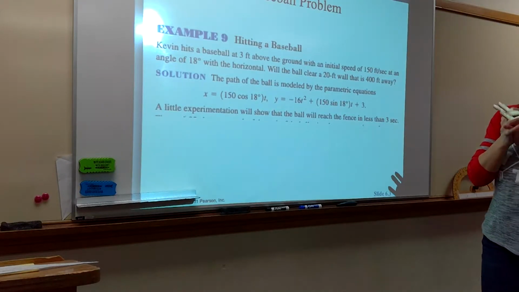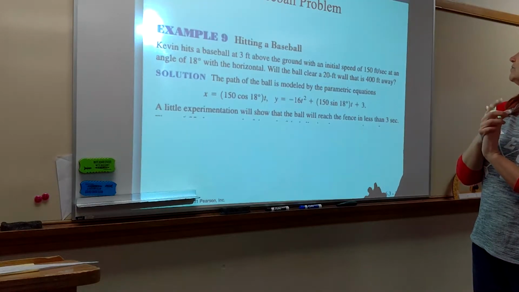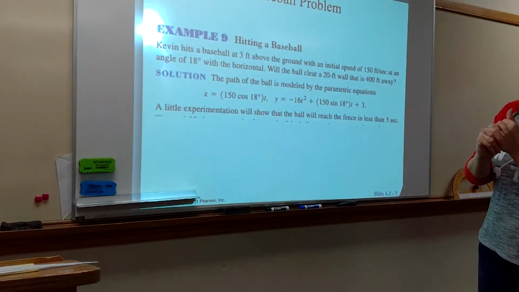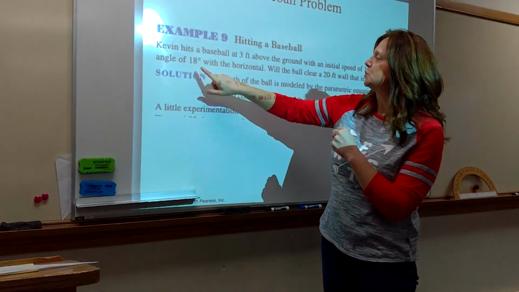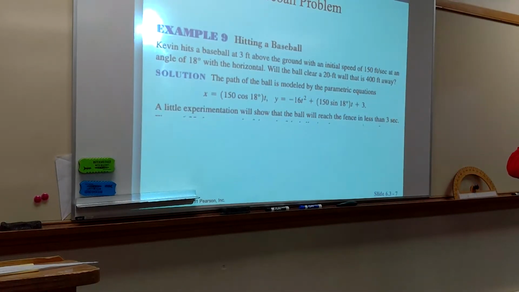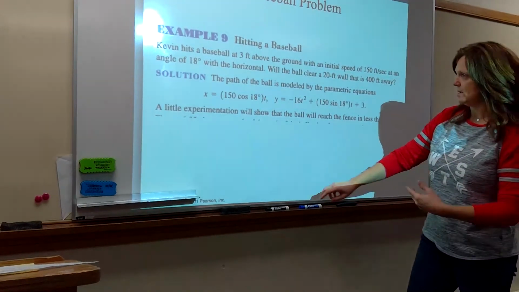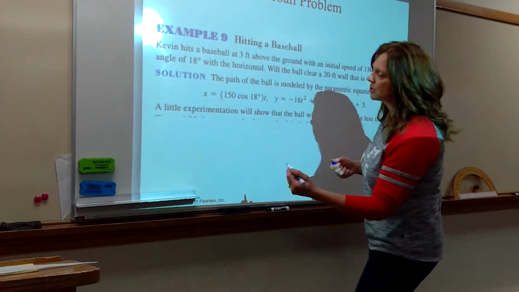So here's the deal. Kevin hits a baseball 3 feet above ground with an initial speed of 150 feet per second at an angle of 18 degrees with the horizontal. Will the ball clear a 20-foot wall that is 400 feet away? So this is kind of what's going on.